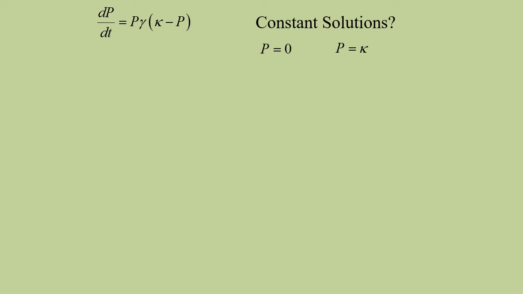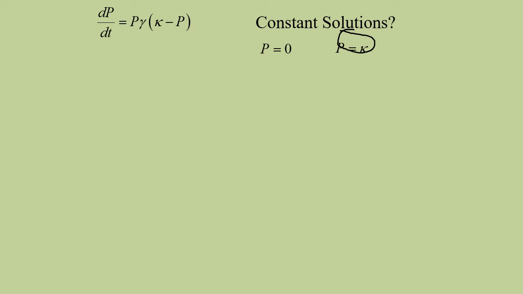The P equals 0 is pretty easy to comprehend because all that says is whatever things you're studying, if you start out with 0, you don't have to worry about birth rates or death rates because you're always going to have 0. So that's a constant solution. The other one needs a little thought. By saying that P equals kappa is a constant solution, what we're basically saying is that you'll always end up with a population equal to some constant kappa.